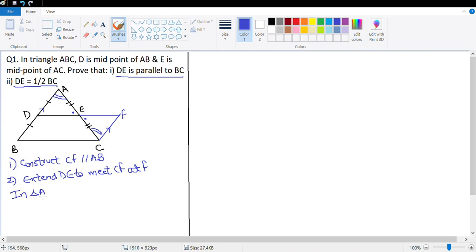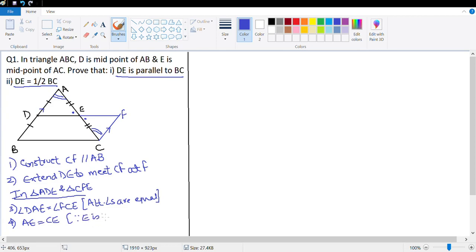So in triangle ADE and triangle CFE, what do we know? Number 3 would be angle BAE is equal to angle FCE. This is because alternate angles are equal. So we've got one part. Let's look at the second part, which is AE is equal to CE, since E is midpoint of AC, right?